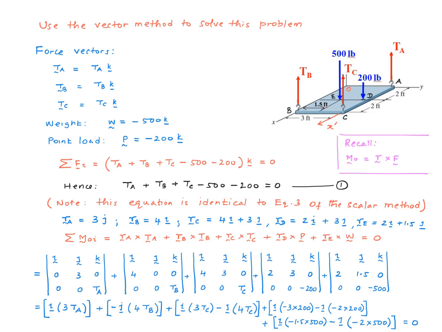You can see point A lies on the y-axis, and therefore its coordinate is 0 in the x direction, 3 in the y direction, 0 in the z direction.